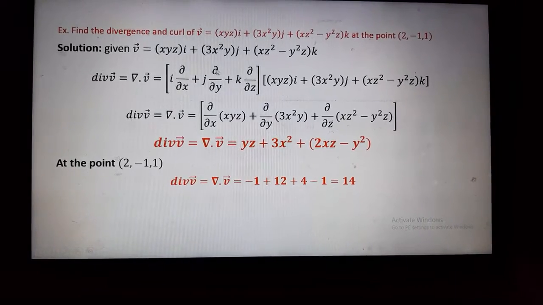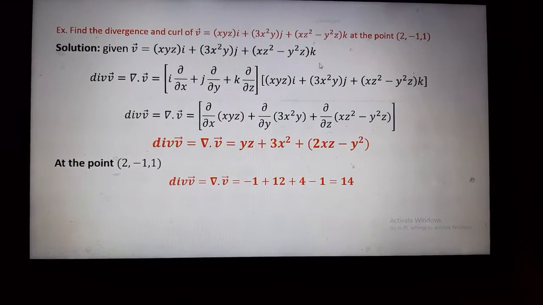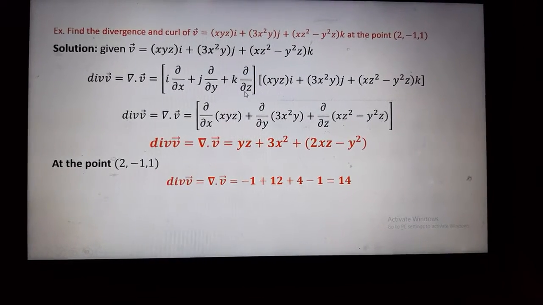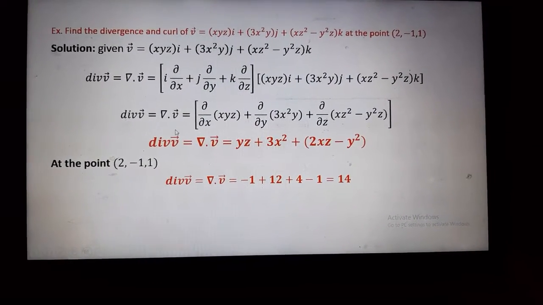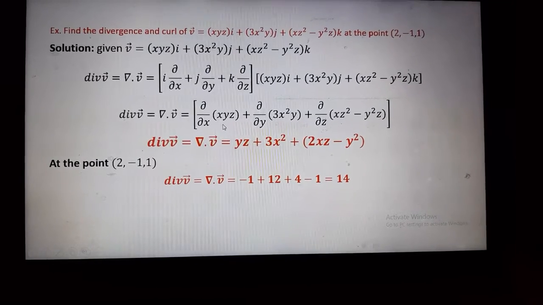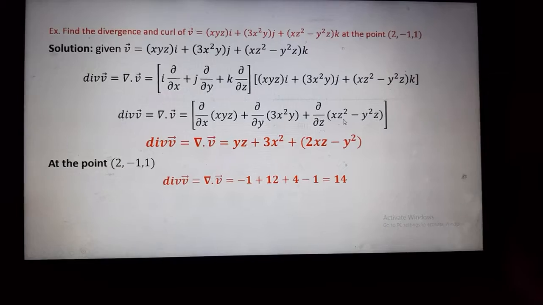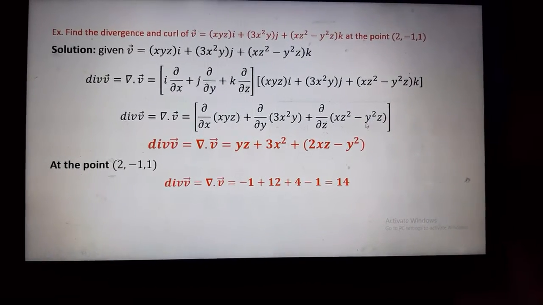I will write the definition of del and take the dot product with vector v. So I get dou by dou x of xyz plus dou by dou y of 3x square y plus dou by dou z of xz square minus y square z.